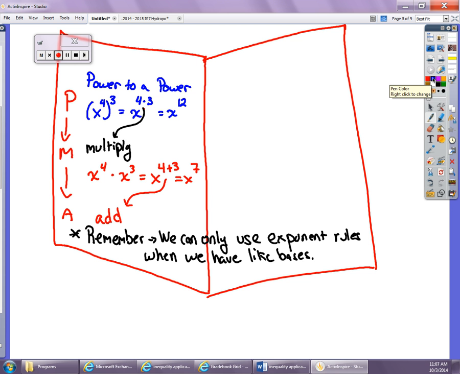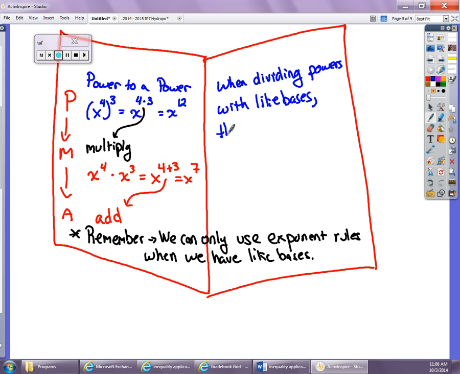Now if we're dividing powers with like bases, the division bar, we just think of it as a big subtraction sign. So when dividing powers with like bases, think of the division bar as a subtraction sign.